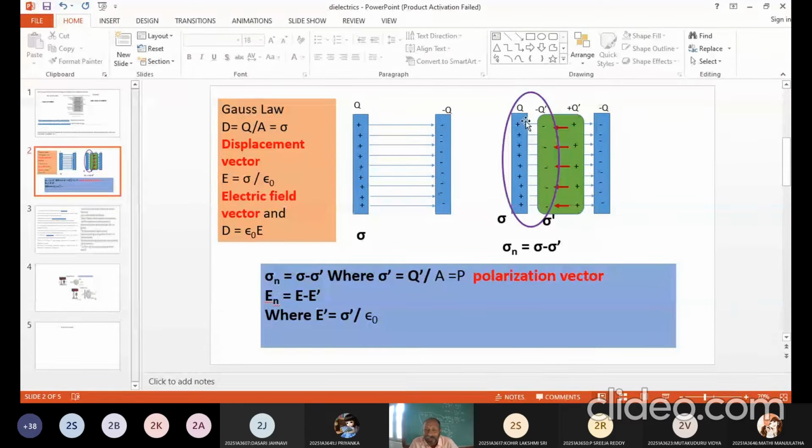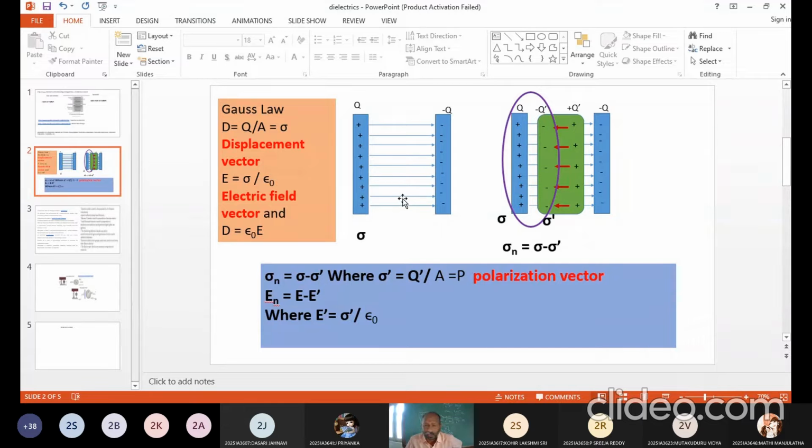That implies I'm applying this plus Q charge on this plate, so I call it applied charge, and this is applied charge density. Now, in this case, I have applied charges, and these applied charges are generating electric lines of force, and these electric lines of force are uniform.